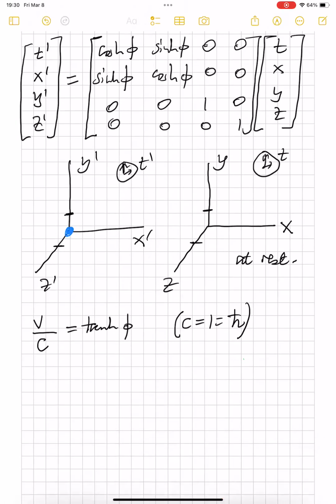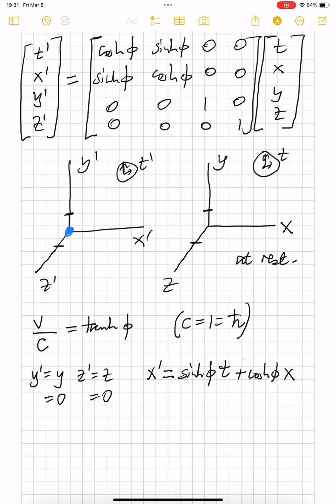From the matrix that I've written down here, we know that y prime is equal to y, z prime is equal to z, and x prime will be equal to sinh phi times t plus cosh phi times x. And at the origin, y prime is equal to y is equal to 0, z prime is equal to z is equal to 0, and x prime, which is sinh phi t plus cosh phi x, is equal to 0.